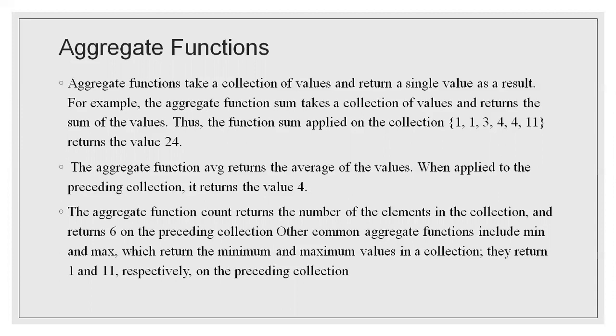The aggregate function count returns the number of elements present in the collection. So we have 6 elements. And at last we have the min and max aggregate functions, which return the minimum value 1 and the maximum value 11 respectively on the preceding collection. So this is what aggregate functions are.